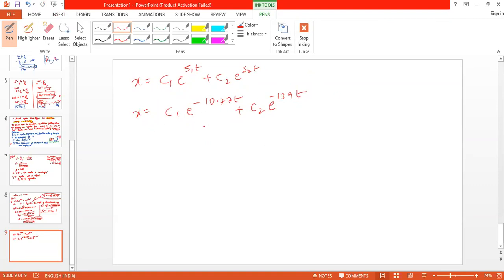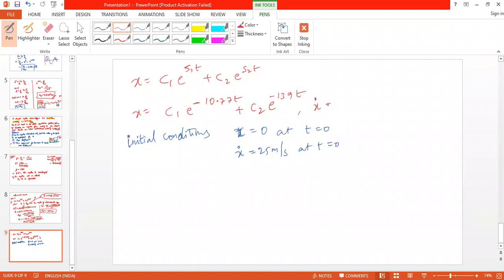So now I need to find the values for C1 and C2. What are the initial conditions? x is equal to 0 at t equal to 0, and x dot is 25 meter per second at t equal to 0. Now these two are the initial conditions.